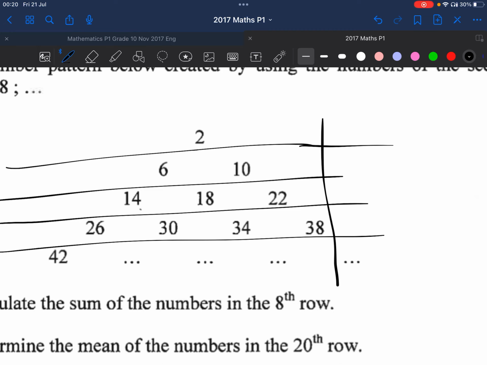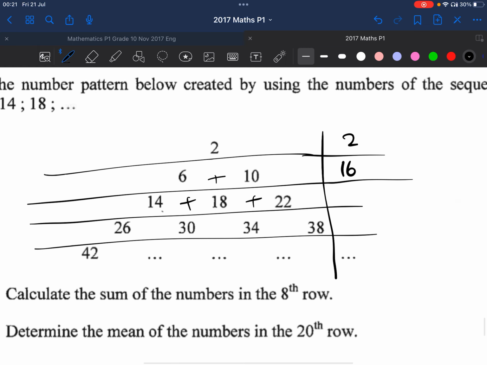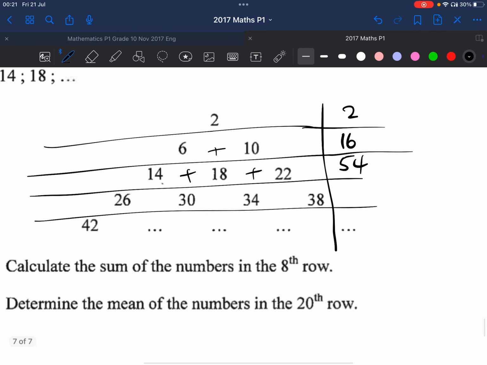Okay, so the sum of the first row is just 2, right? There's only one number. For the next one, 6 plus 10, 16. And then if we add all of these together, let's see, 14 plus 18 plus 22 gives us 54.